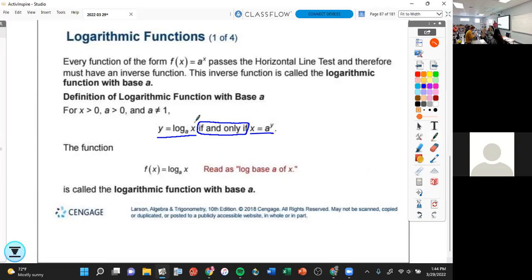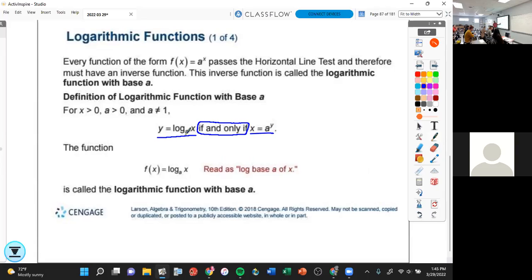Here it says f of x equals log base a of x. That is read as log base a of x. This is what I said. Okay. I want you to notice that in both of these equations, the base is a, right? When you raise something to a power, the item that's being raised to the power is called a base, correct? So a is raised to the y power.